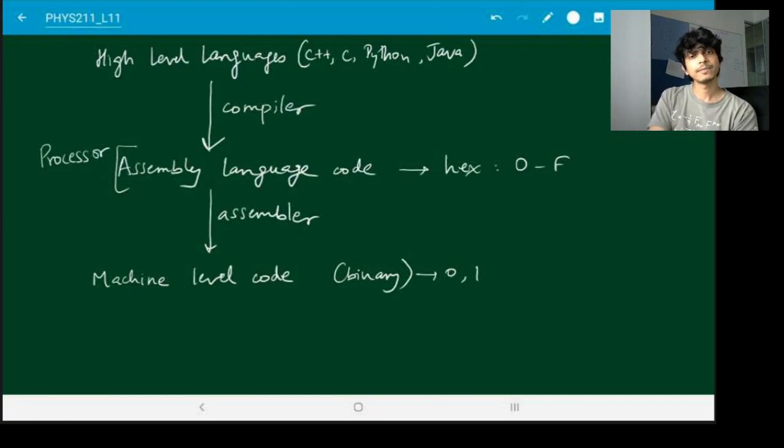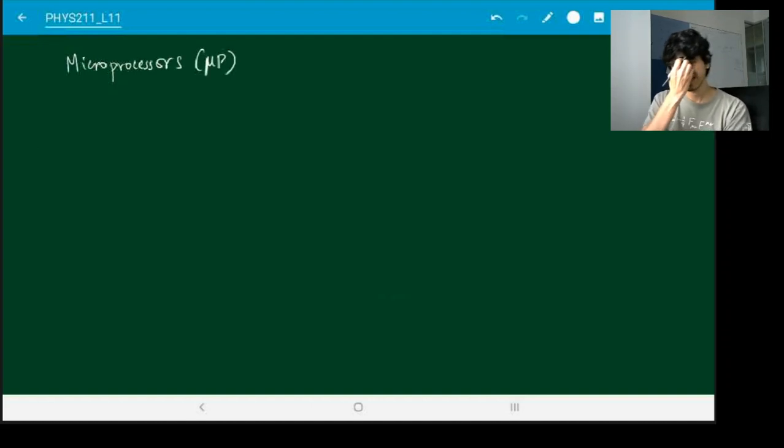And this assembly level program is done at the level of the processor. So we have what are called microprocessors, which are sometimes abbreviated as MUP, that you can actually program.